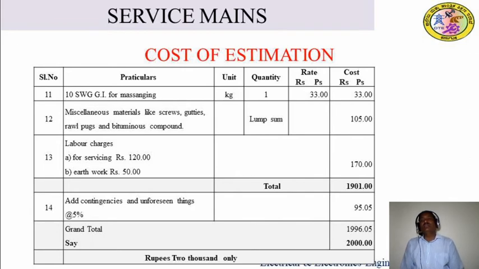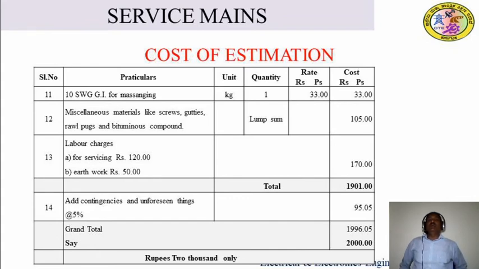All these conditions should be kept in mind at the time of estimating. So that amount we also have to recover at 5% from the customer side. Therefore the amount should come to 95 rupees 5 paise.